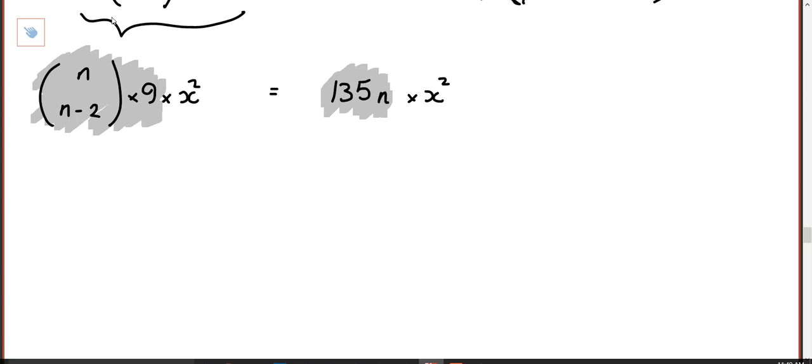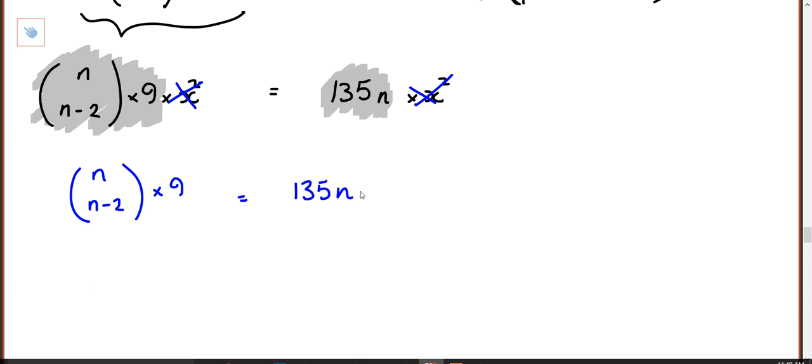Is there anything on the left-hand side that you could get rid of to simplify things? The x squared. Well, the x squared, okay, so we don't need the x squared, do we? That's just, alright, so now I've got n minus 2 times 9 is equal to 135n. Anything else I could get rid of to make it simpler?